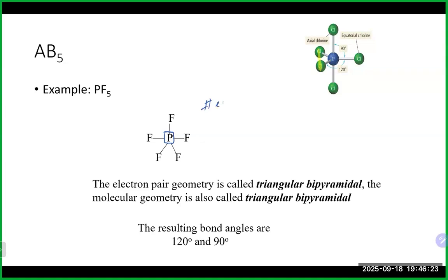The number of electron pairs in this case is 1, 2, 3, 4, and 5. Something with 5 electron pairs is an expanded octet, and our electron pair geometry is triangular bipyramidal.